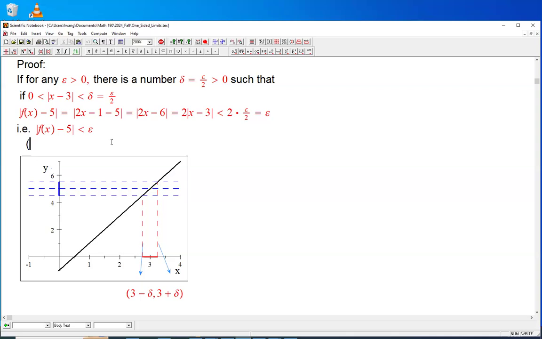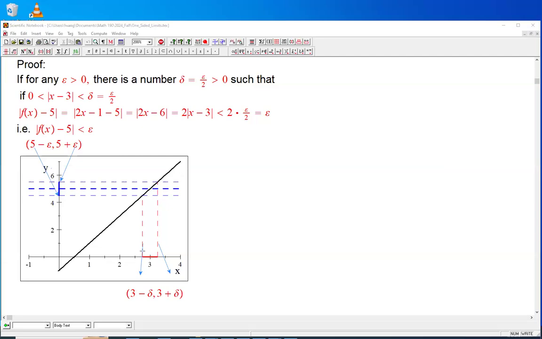This is going to be 5 minus epsilon, 5 plus epsilon, comma. Okay, so as we mark those points, this piece is 5 minus epsilon, and this is 5 plus epsilon.